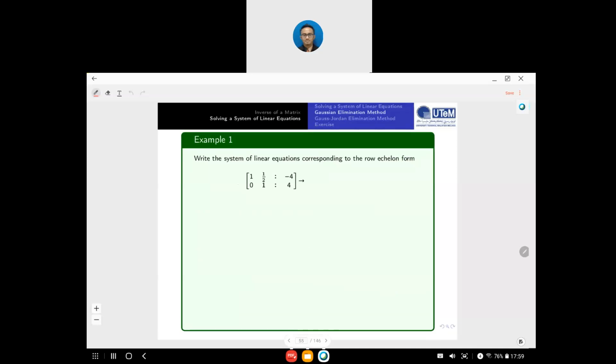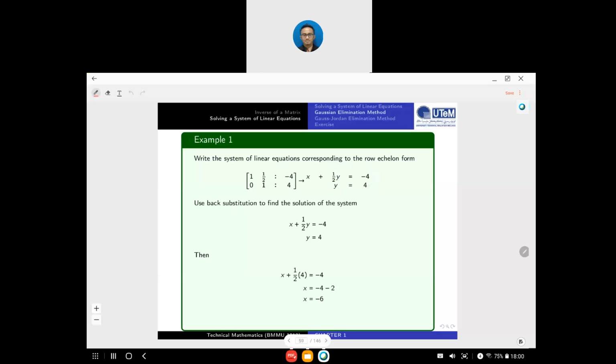And then change to equations, you can get x plus 1/2 y equals -4, and then y equals 4. That's why we call it back substitution, because we can get the answer for y first at the back. Okay. Since we already got y equals 4, then we can find the value of x.